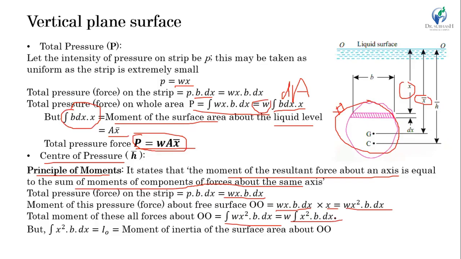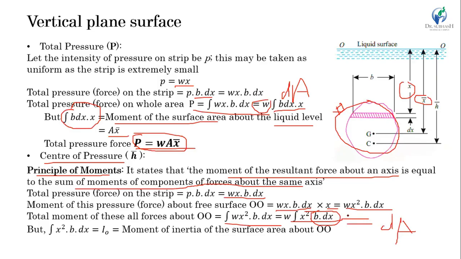But here x square b dx is again some value. Here b dx is the area of the strip, a small area dA, multiplied by the square of the distance from the free surface of the liquid.